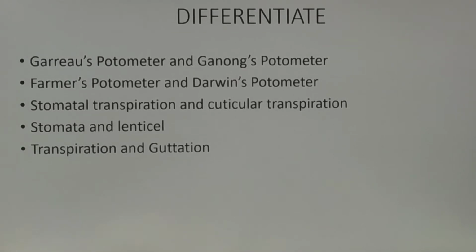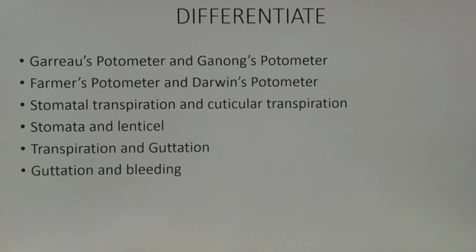Another difference: transpiration occurs through stomata, guttation occurs through hydatodes. Transpiration occurs in presence of sunlight, whereas guttation occurs at night or during early mornings. So several differences you can write to differentiate between transpiration and guttation.